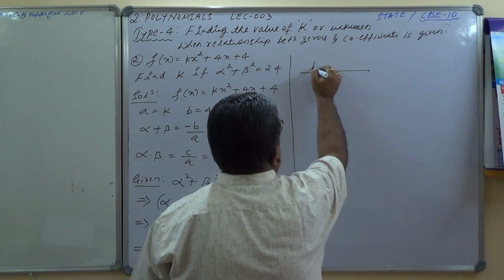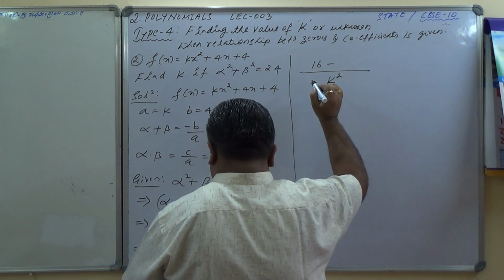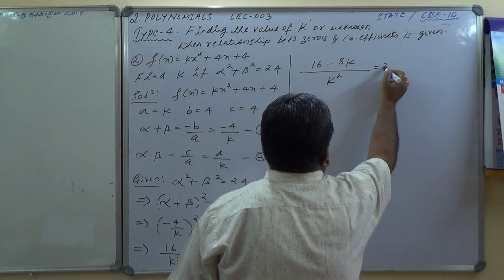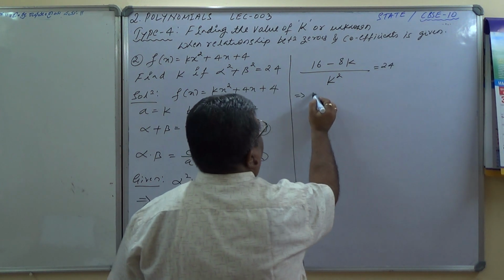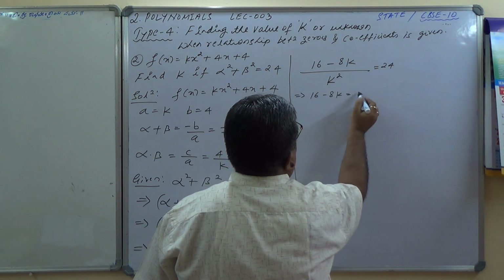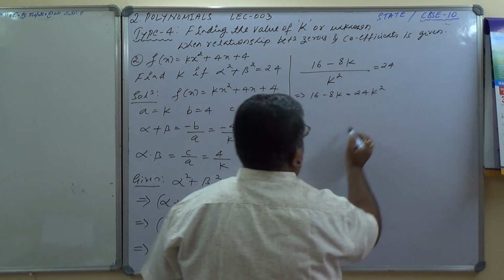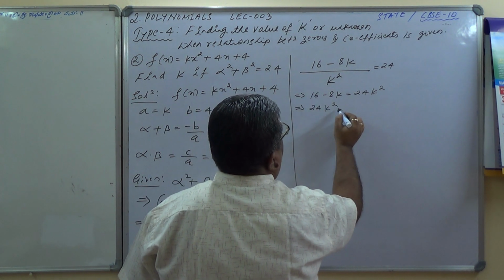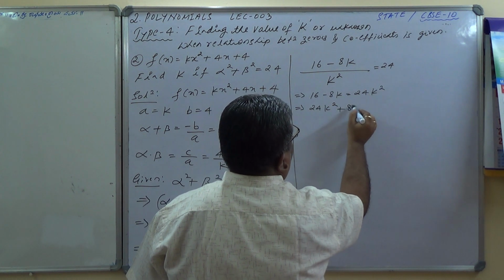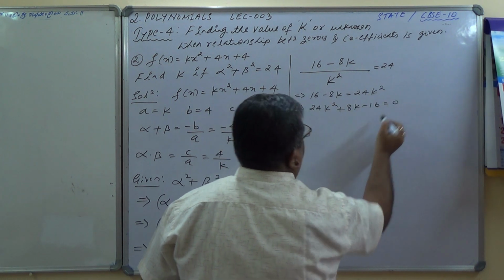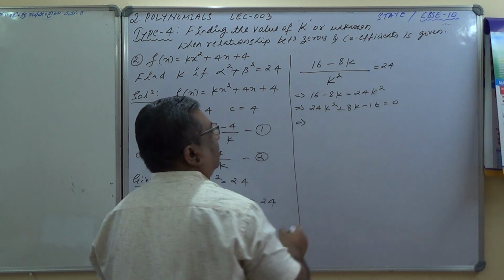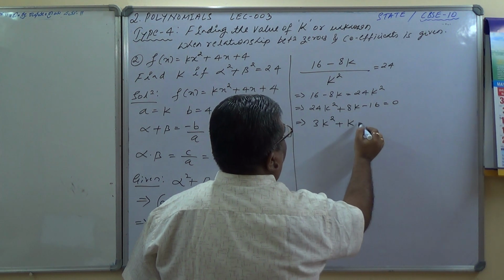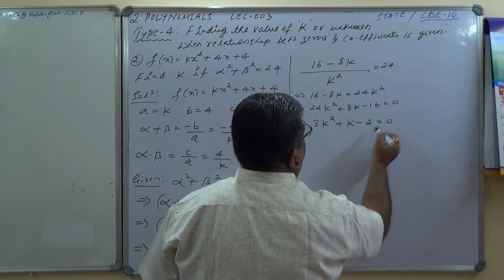So 16 minus 8k equals 24 k square. Transpose everything: 24 k square plus 8k minus 16 equals 0. What is common? 8 is common. 3k square plus k minus 2 equals 0.